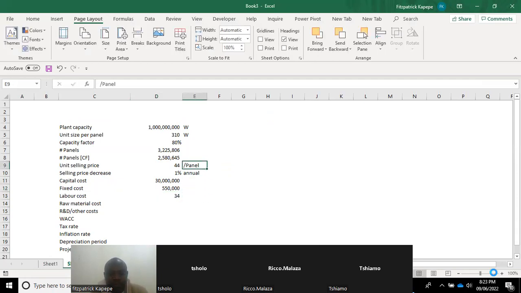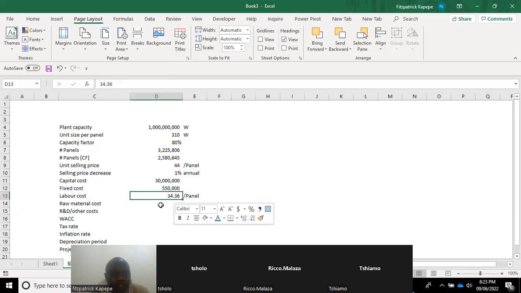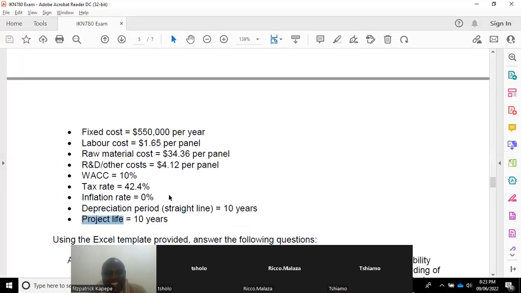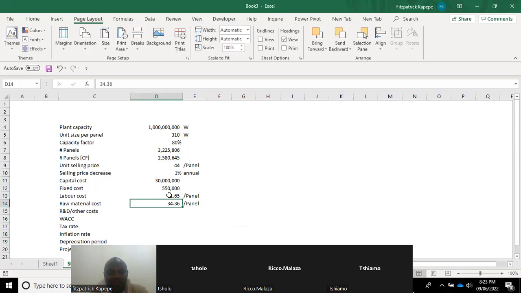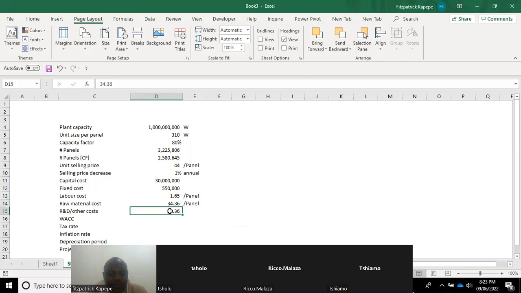Labor cost, 1.65. Then research and development, 4.12. Is it 4.12? Yes. Also per panel.